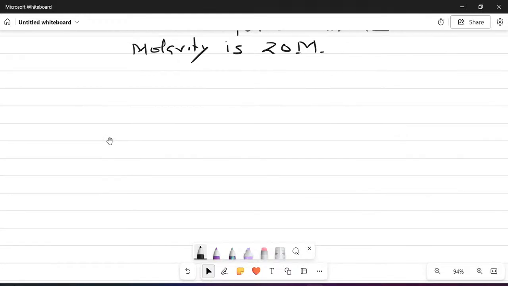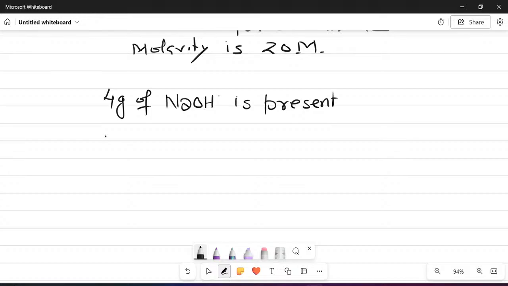But suppose you are given 4 gram of NaOH. Now you are not given moles, but you are given the amount of your solute. 4 gram of NaOH is present in 1 liter. Then what is molarity? We have to calculate molarity.